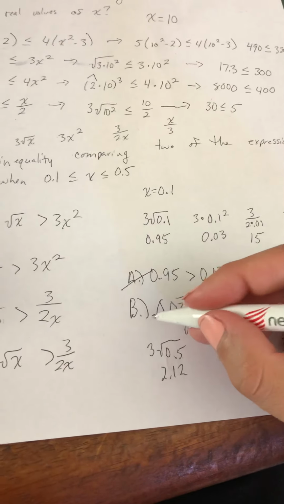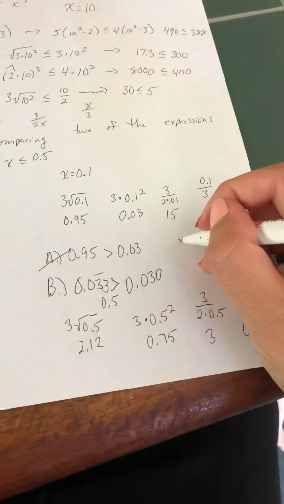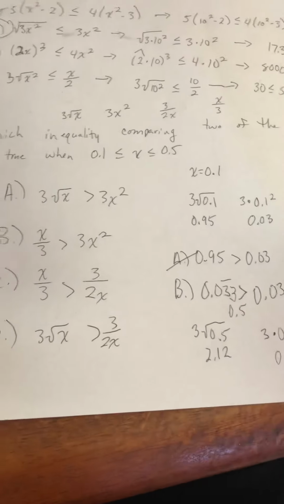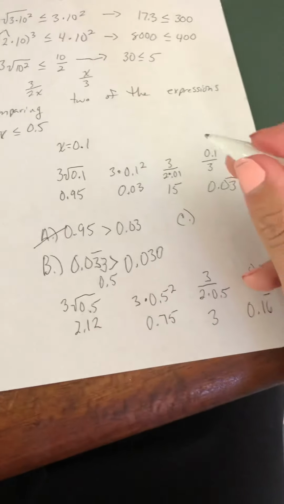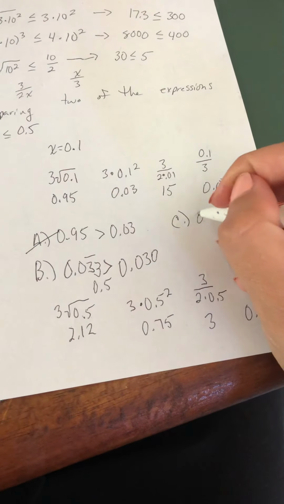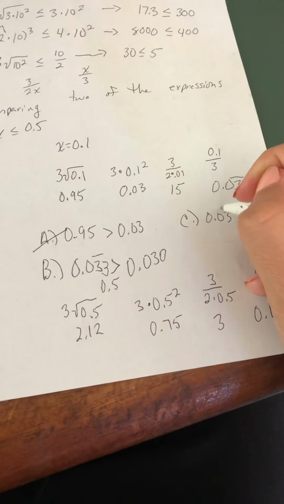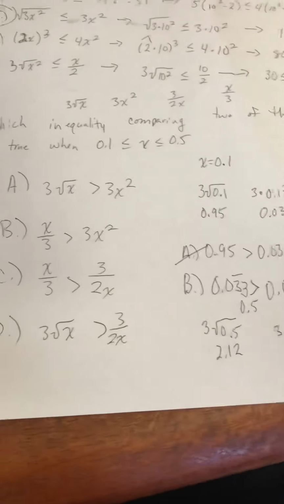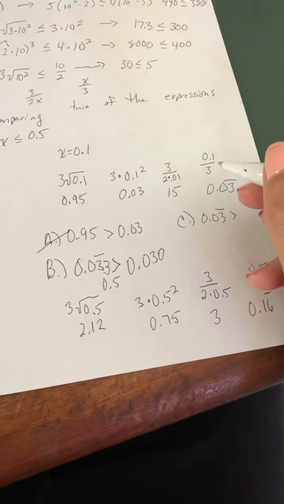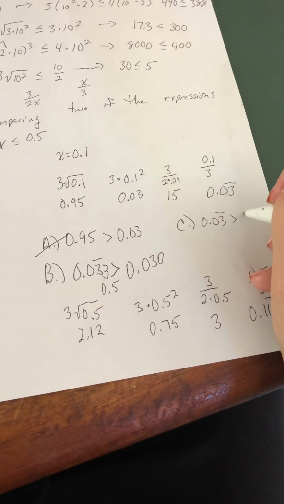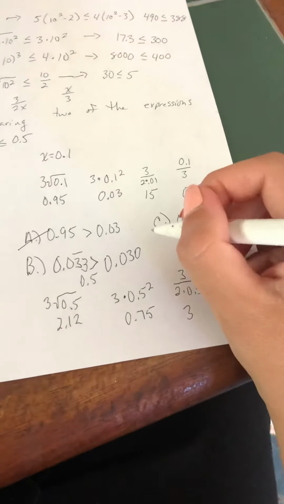That's true. So it could be B. And you go to C. X over 3, which is 0.03 repeating, greater than 3 over 2x, which is 15, which is not true.